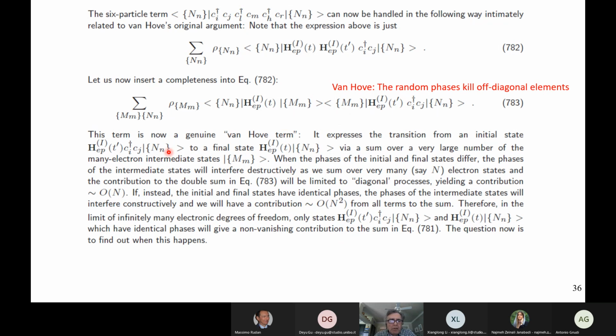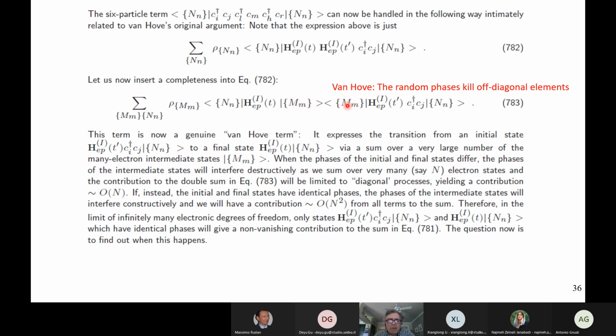So it expresses the transition from this state, which is the Hamiltonian applied to this object, to the final state, which is this guy, unless the phases of these two terms, when summing over all the intermediate states, are the same, but this is the complex conjugate, so the same or opposite, so they cancel out.